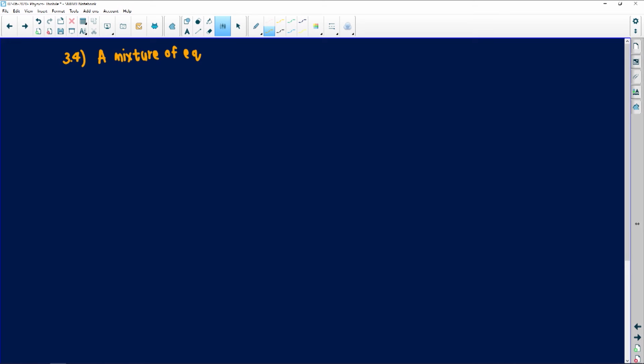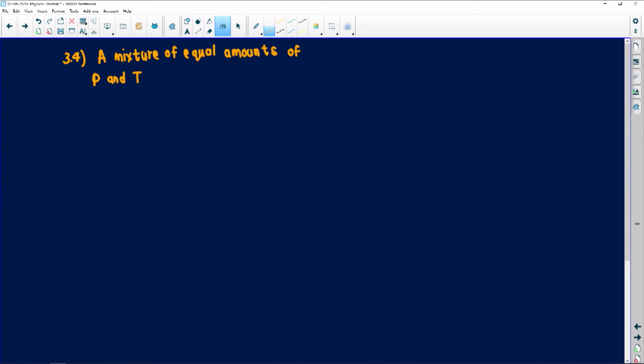Of equal amounts of P and T. Let me see what P and T was. P was pentanal and T is pentan-1-ol. So it's an aldehyde and an alcohol.